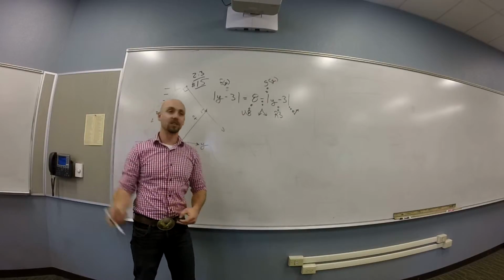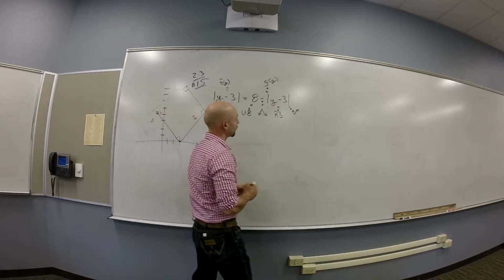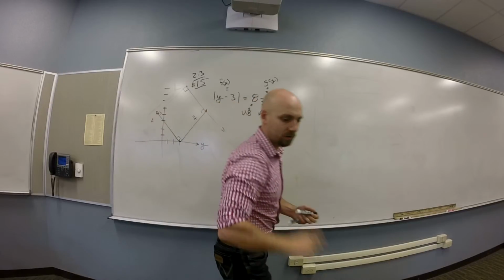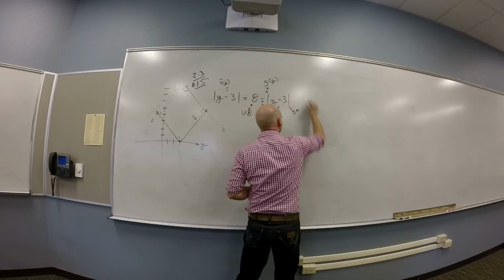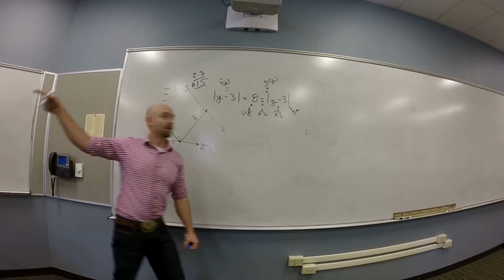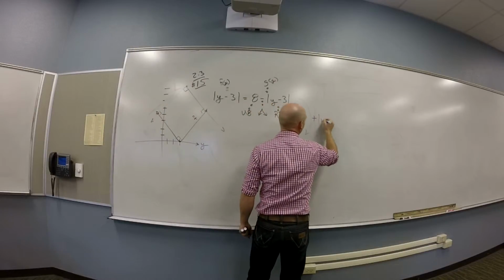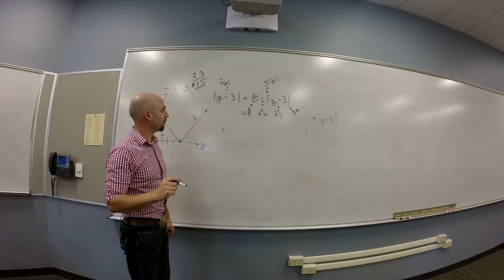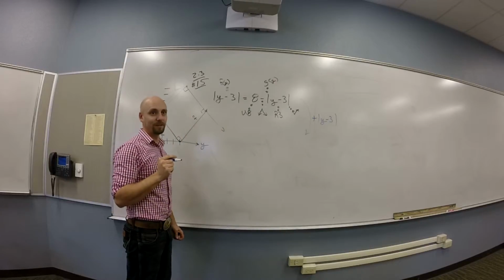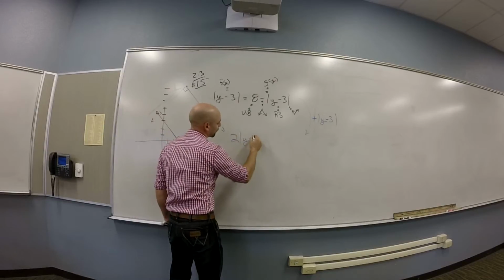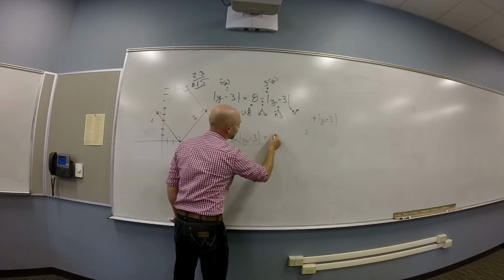What else could you do? Get all the y's to one side, right? First of all, you gotta distribute. Oops, don't distribute. It's an absolute value. You add the absolute value of y minus 3 to both sides. So that will get you how many absolute values of y minus 3 on the left? Exactly 2. So you got 2 times the absolute value of y minus 3 equals 8.